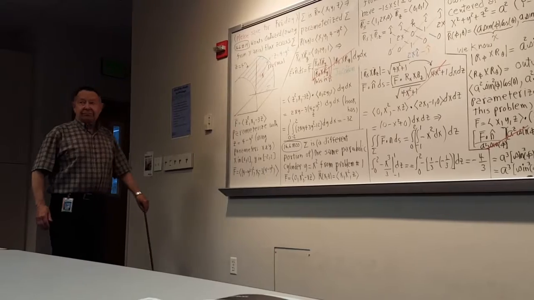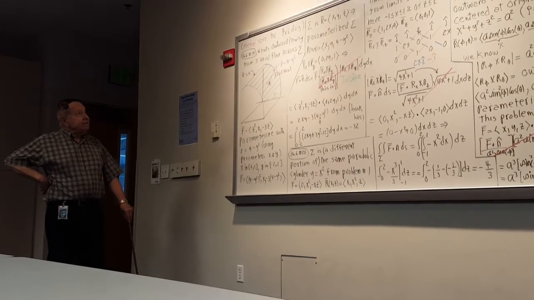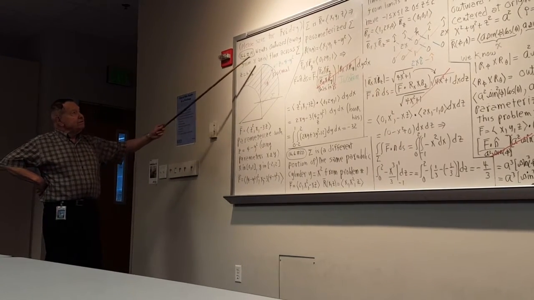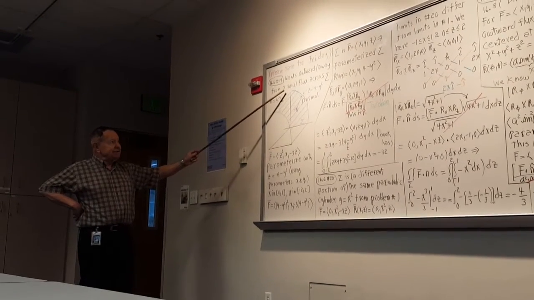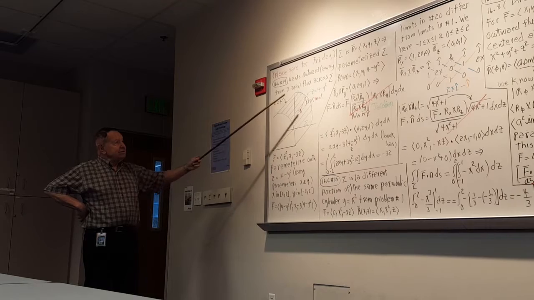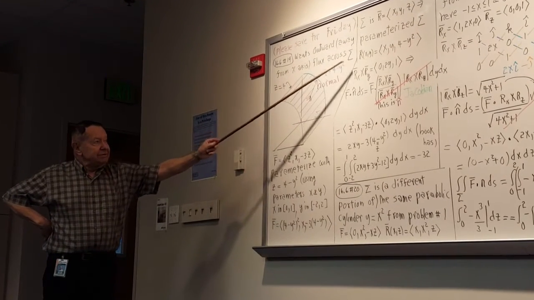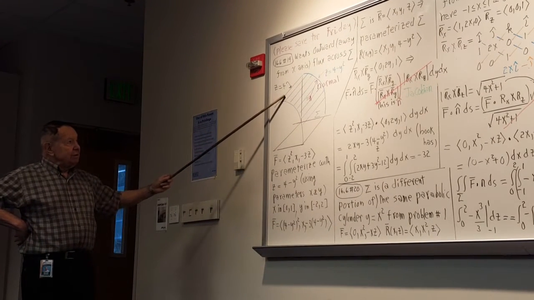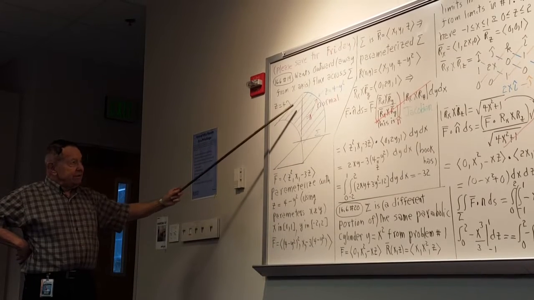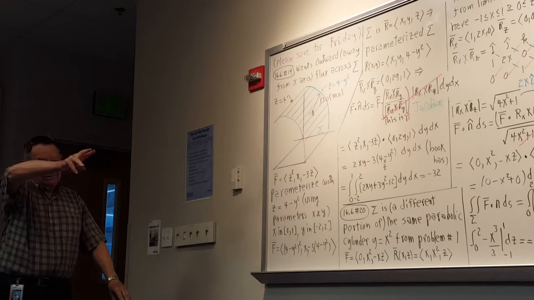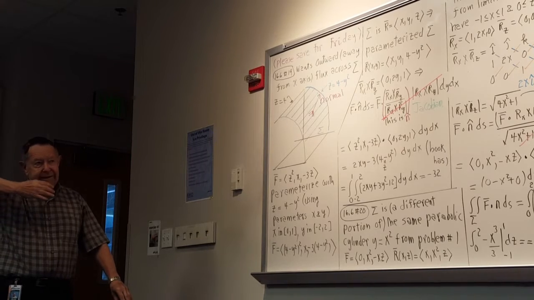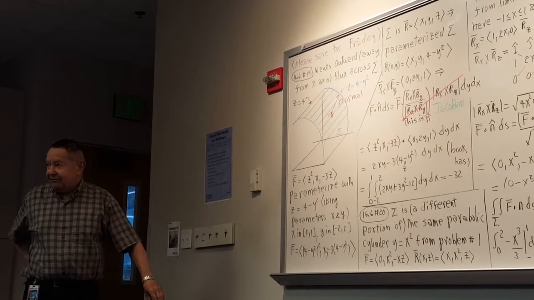If you look at problem 19, it wants the outward, and it says in the book, away from the x-axis, flux across the surface sigma, which is the surface that looks like this. Now, remember those first two integrals that we did in the other end of the room were not flux integrals.